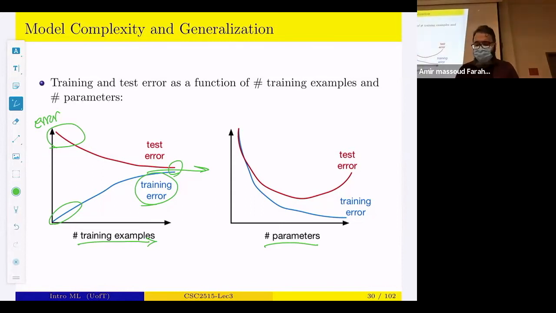So basically what is happening here is that if we have more data, we can be more confident about the estimation of our parameters. Or maybe I should say it this way, so maybe answer this question. Why, when training examples are only a few, is training error small?